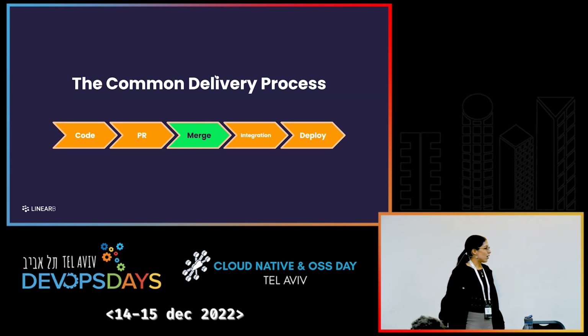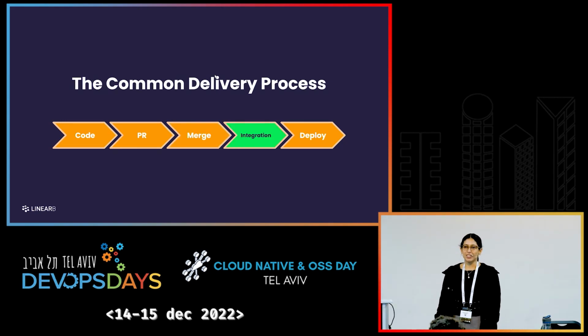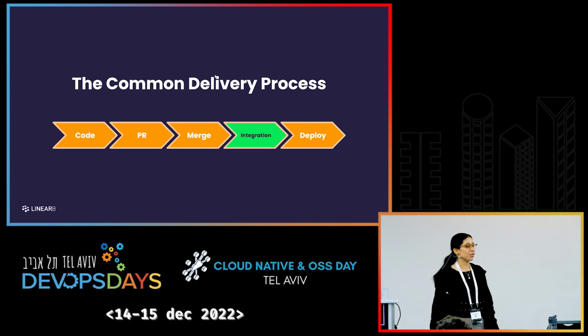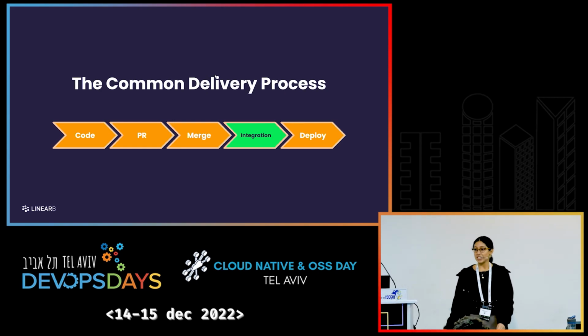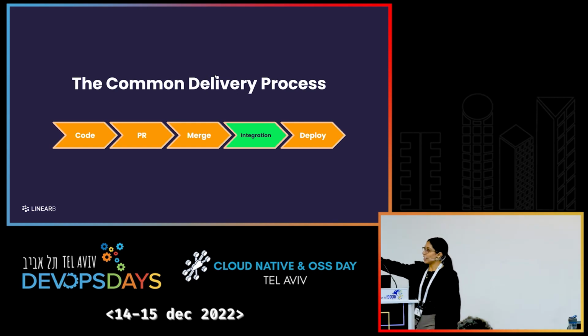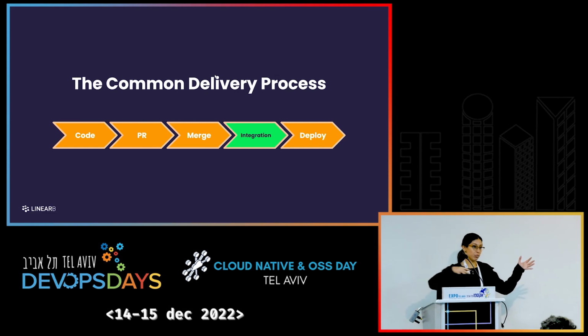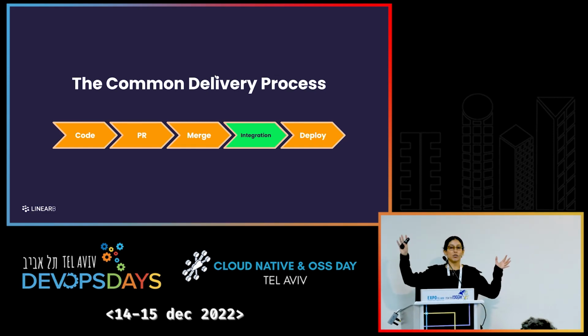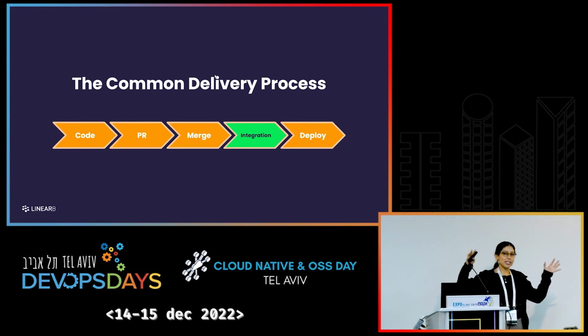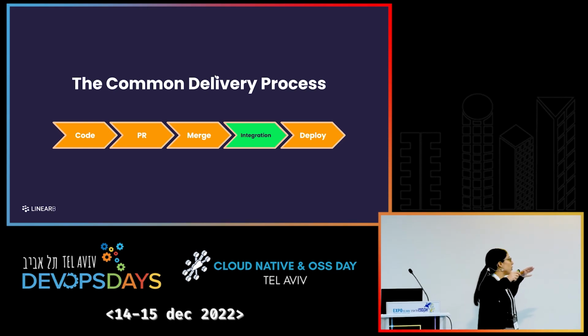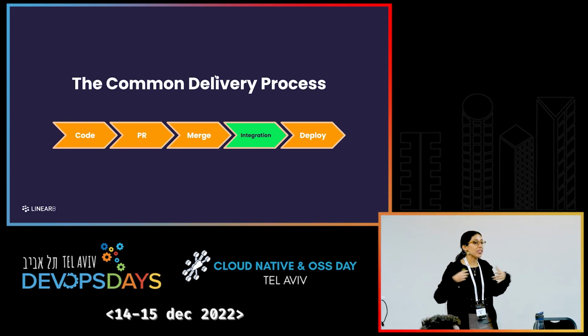Okay. So as I mentioned, developers are still sad because they have to do things that are not coding. One of them is integration. A lot of companies have this integration part after they merge their code to the main branch. A lot of companies also have the integration part before that. But this basically refers to the point when we are trying to integrate our changes with the whole system, right?